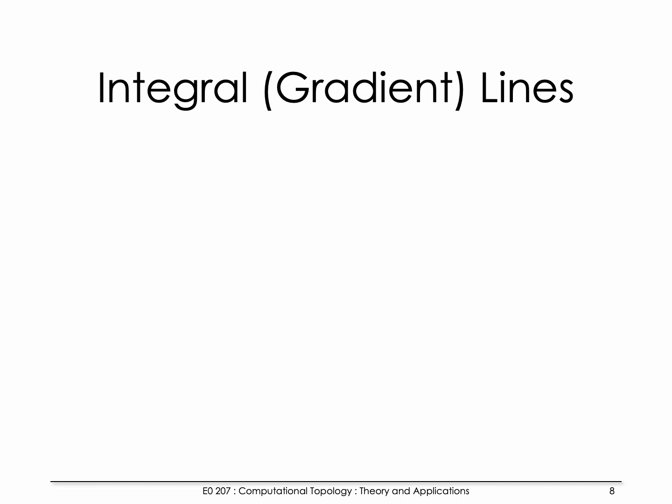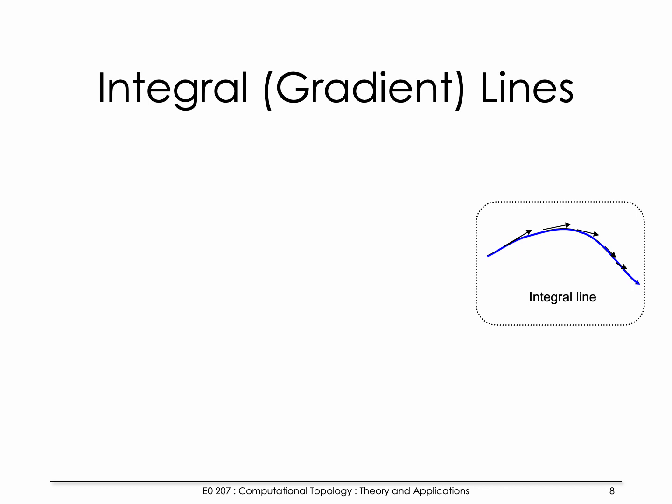So to begin, I need the notion of an integral or a gradient line. So here is a picture. An integral line is just this curve where at any point on the curve, the tangent to the curve is equal to the gradient of the function at that point, right?